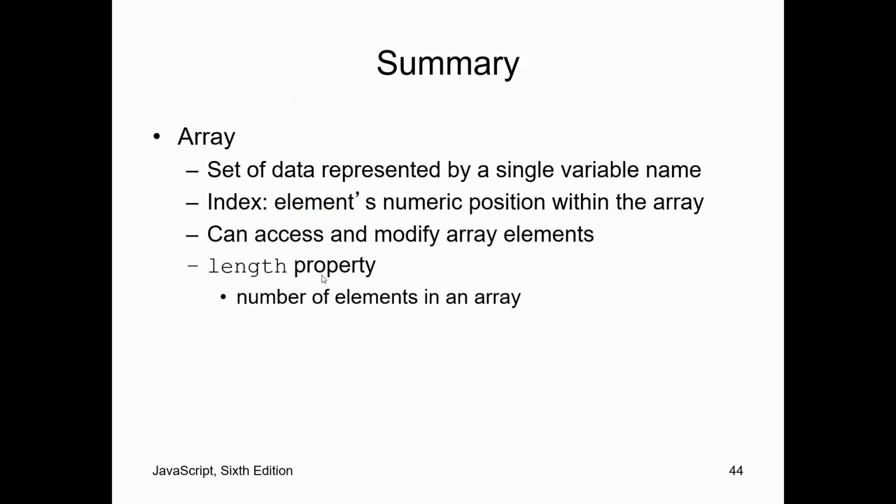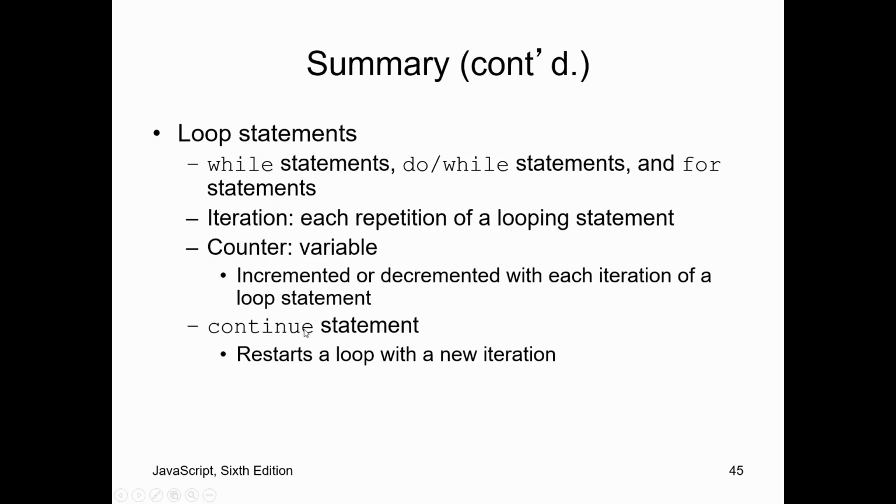So, in this chapter, we talked about arrays. All right. And the author's definition was a set of data represented by a single variable name. We talked about what an array index was. It's also called a subscript or a sub. We talked about the length property that can be used. We talked about how to access and modify arrays. We looked at the 3 loops that are available in JavaScript, those being the while loop, the do while loop, and the for loop.